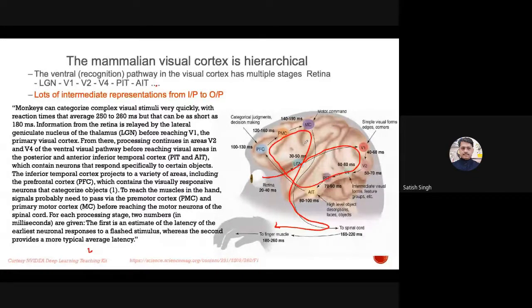People are doing state-of-the-art research and proving things; they are talking about spiking neural networks and many complex concepts. But somehow, feature hierarchy is available in the brain, and it should be available in deep learning models as well.